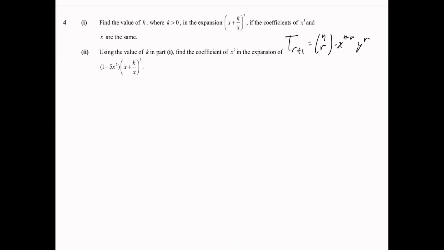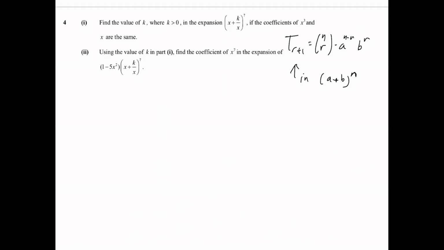Like this. (x plus y) power n. Oh my goodness, my handwriting. Or if you don't want x and y, you can put a and b. Right? Yes?